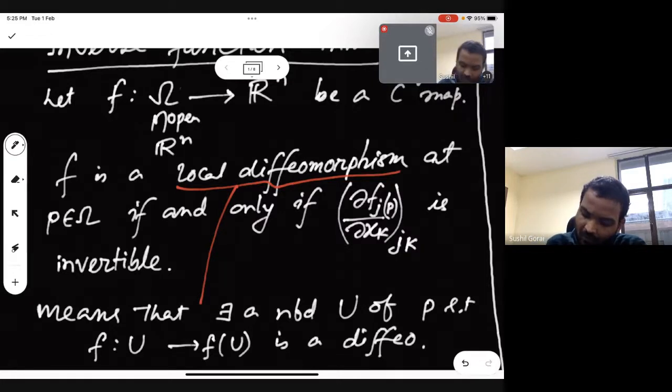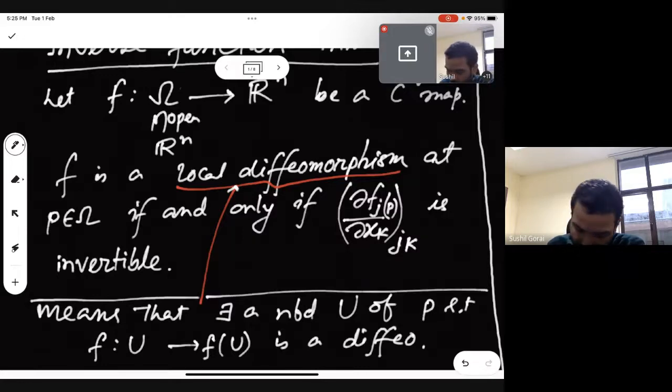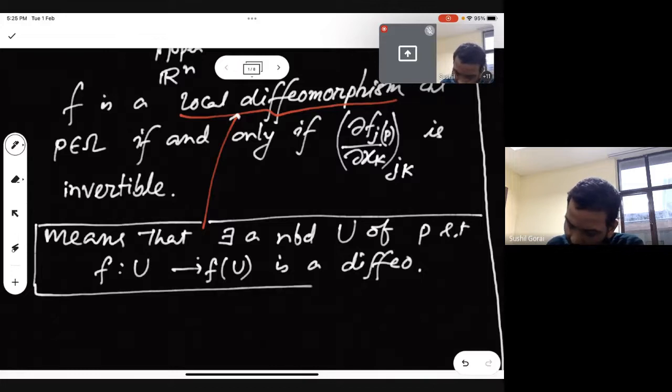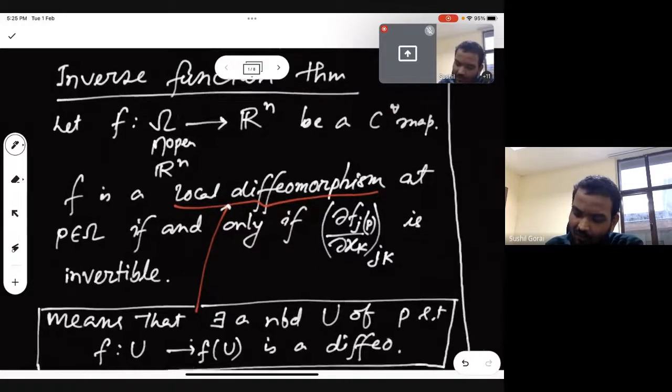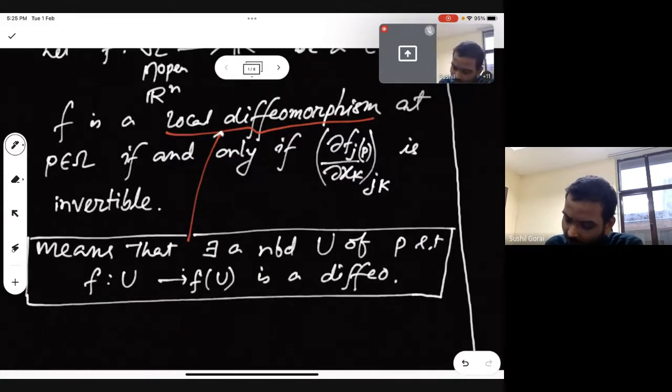So local diffeomorphism means this part. Now it is easy to remember, right? And local diffeomorphism, this is diffeomorphism.